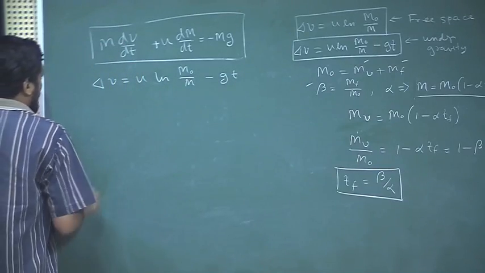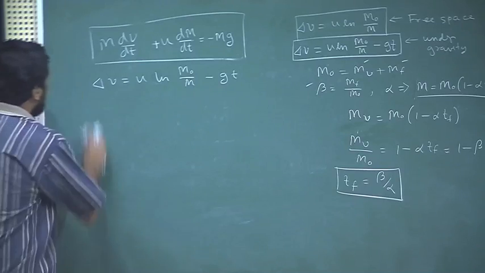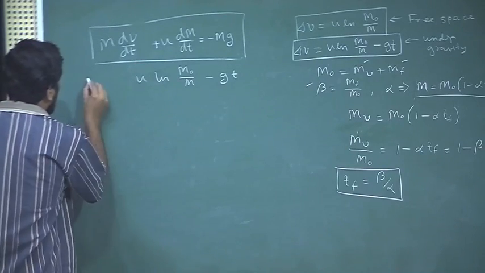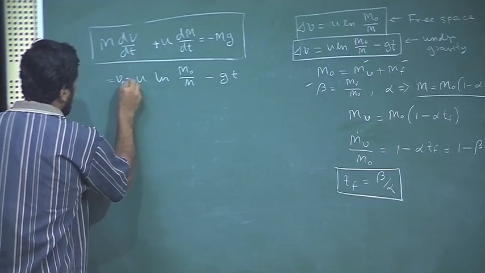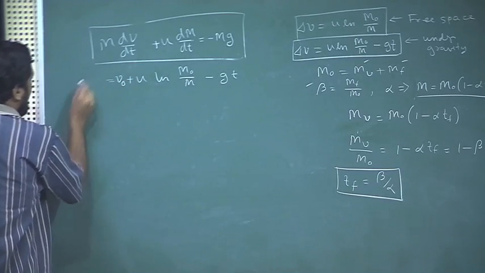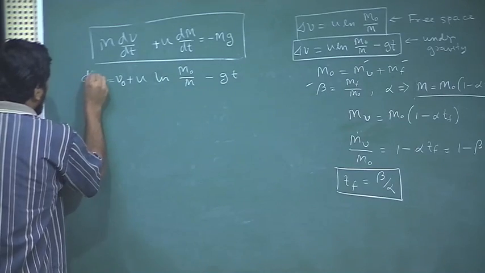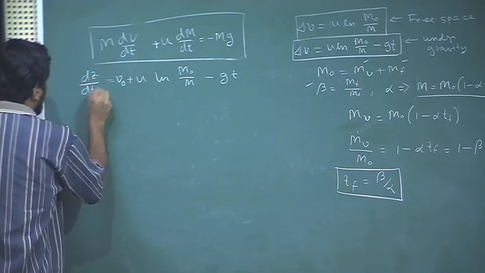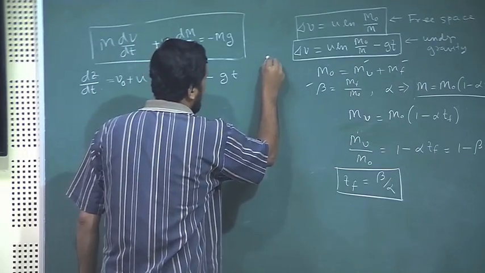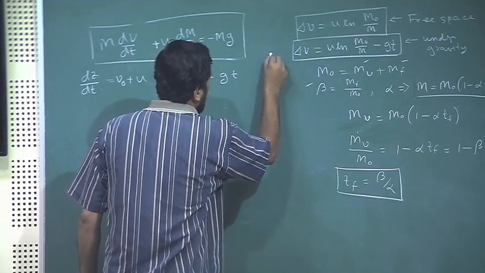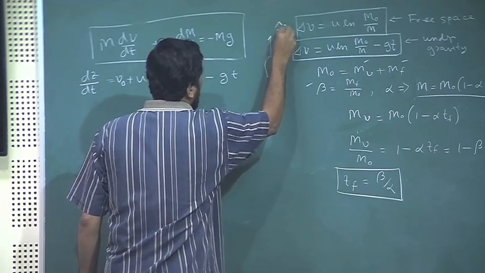Now, what we do is we introduce, so we move V0 to this side, and instead of writing V, we write dz dt. Assuming that the rocket is moving, let us say this is your rocket, which is moving along the z direction.